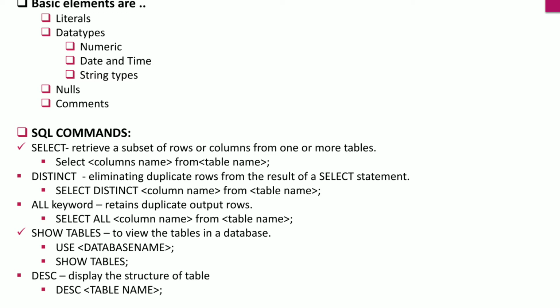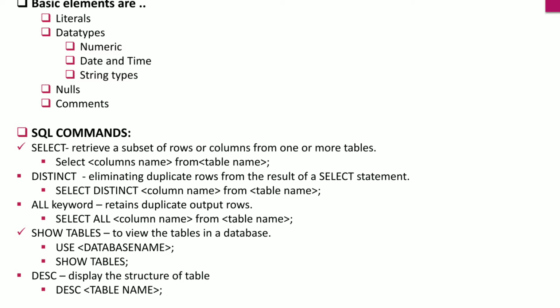It will not change your original database or table. So the DISTINCT keyword is used to eliminate the duplicate data. Syntax: SELECT DISTINCT column name FROM table name. For example, SELECT DISTINCT city FROM supplier.